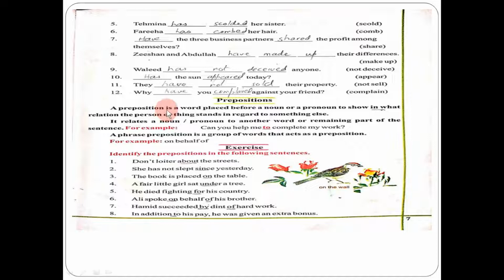Now move towards the other part of our lesson, that is preposition. I hope you are familiar with this term. It's a part of speech and you have already studied it in your previous classes. Now we are going to recap it. A preposition is a word placed before a noun or a pronoun to show in what relation the person or thing stands in regard to something else.